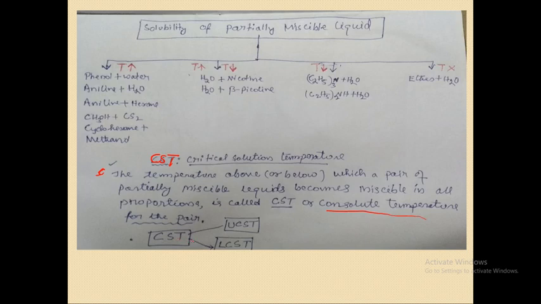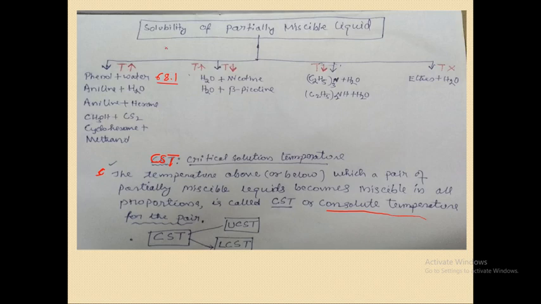Some liquid pairs are completely miscible above a certain temperature. It can be seen in phenol and water. For example, with phenol and water, 68.1 is the critical miscibility temperature.